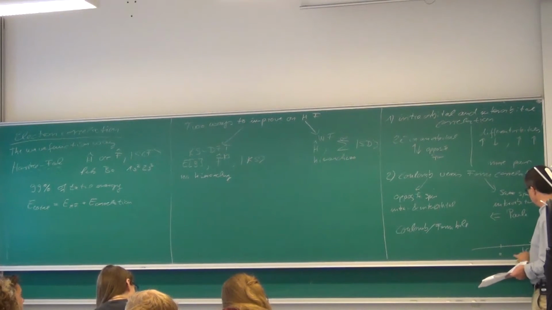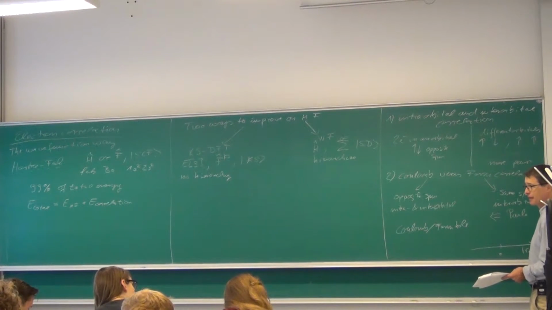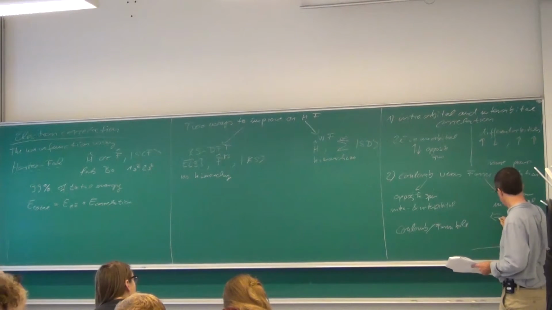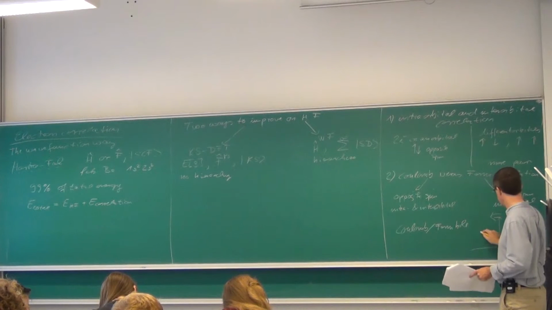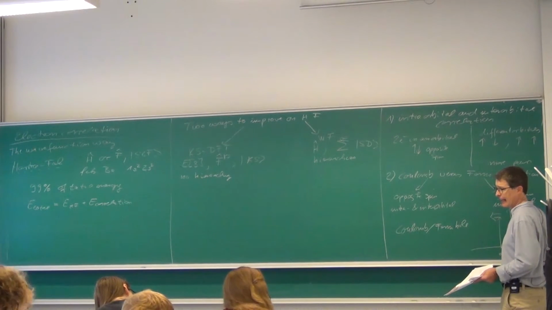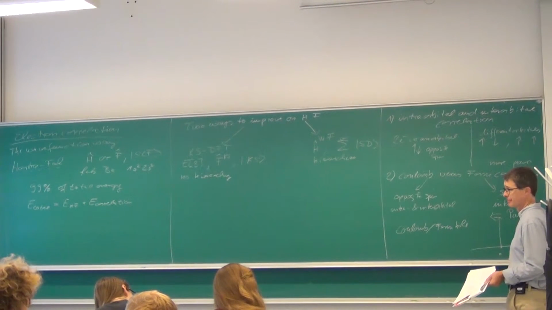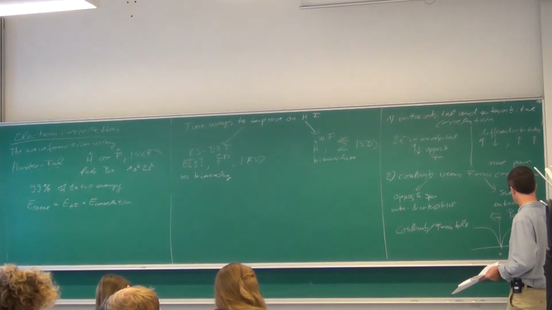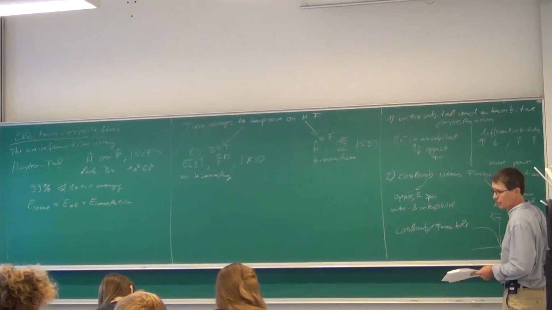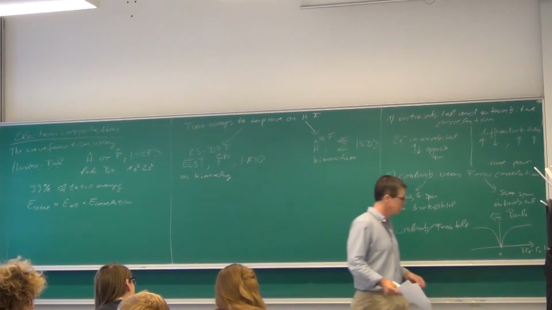Let's say electron 1 is the one I take as the origin, and then I look at what is the probability to find a second electron in the neighborhood of the first electron. Obviously, at the point where the electron is, there should be no probability for finding a second electron. So it should look something like this. The closer they get to each other, the smaller the probability goes to 0. That's the Coulomb or Fermi hole.